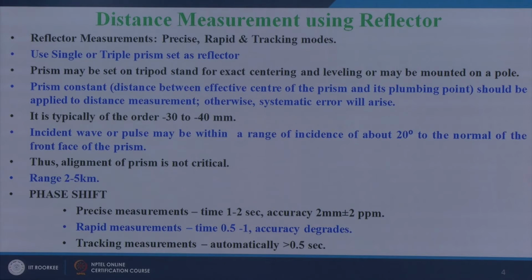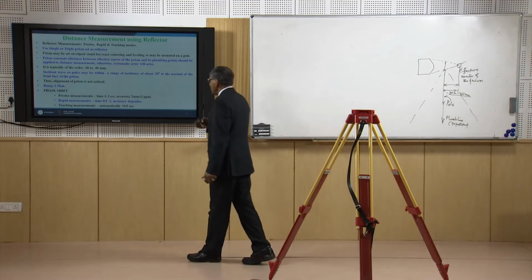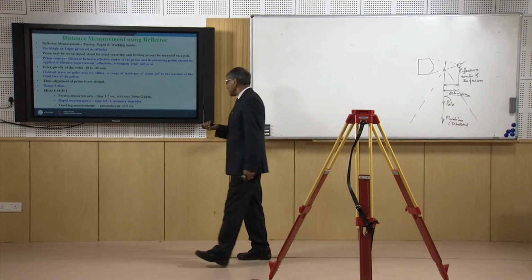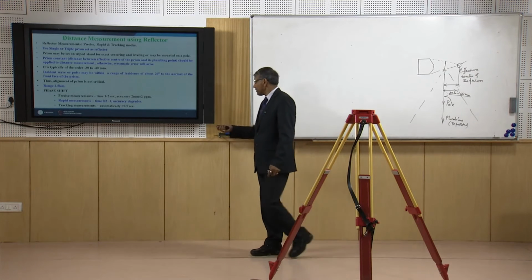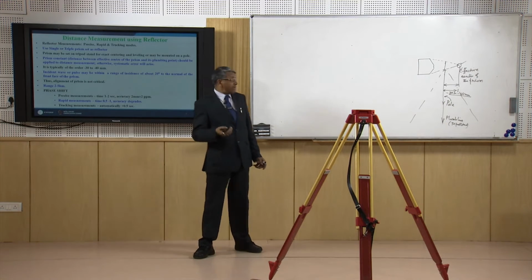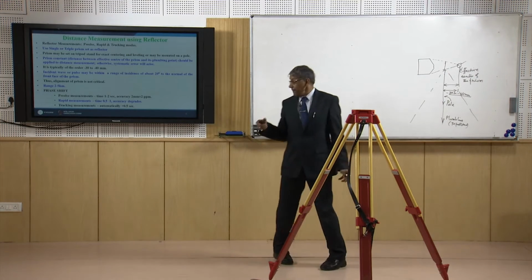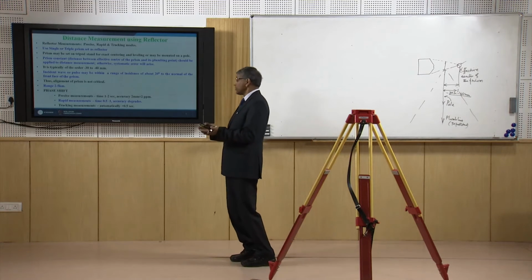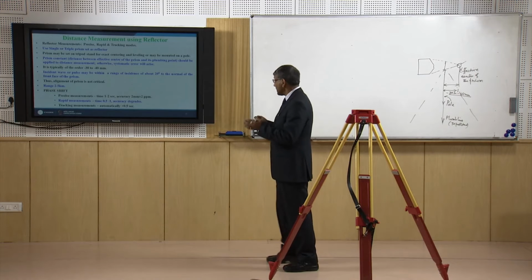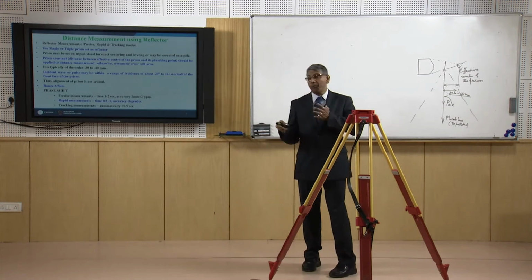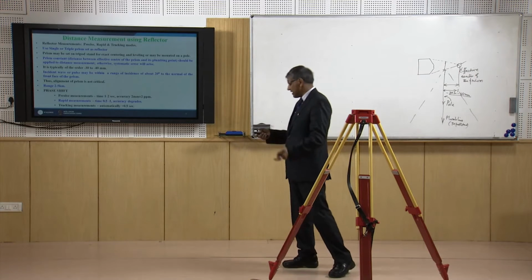So, we can place many reflectors and our robotic total station will keep tracking the different reflectors automatically, and the measurement can be taken in less than 0.5 second. Because the instrument will automatically decide the duration to take the measurement, and it has been observed that the duration may be as little as 0.5 second or less than that.